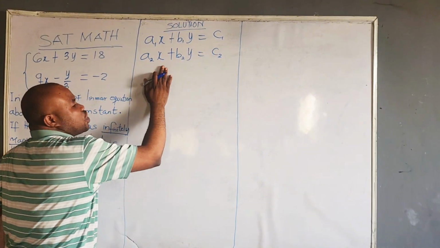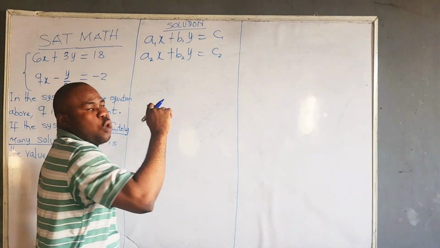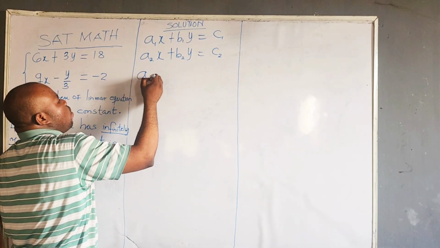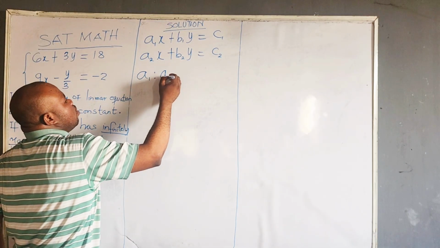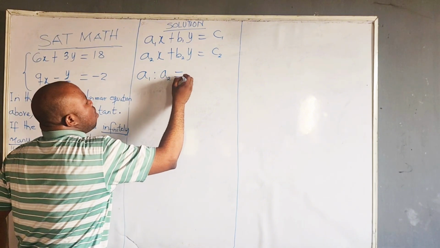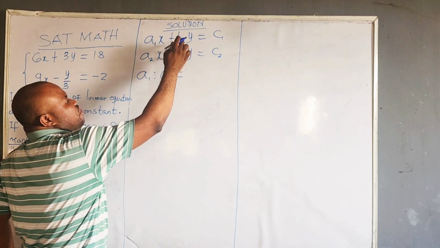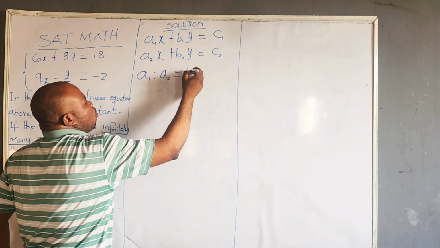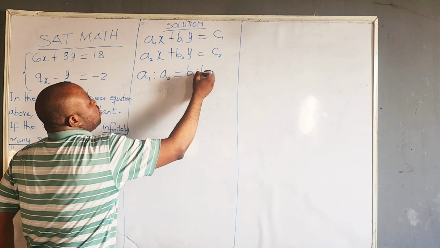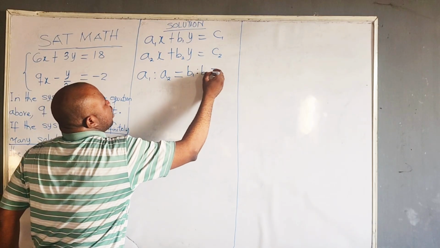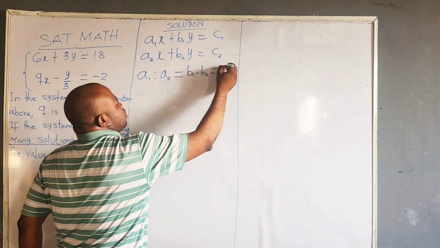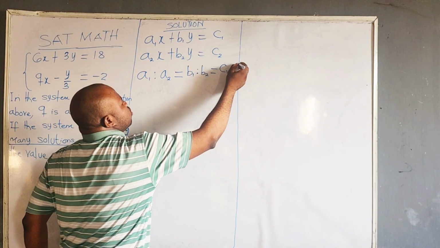So if this system has infinitely many solutions, it means the ratio of the coefficient of x, that is a1 ratio a2, must be equal to the ratio of the coefficient of y, b1 ratio b2, which must also be equal to the ratio of the constant, c1 ratio c2.